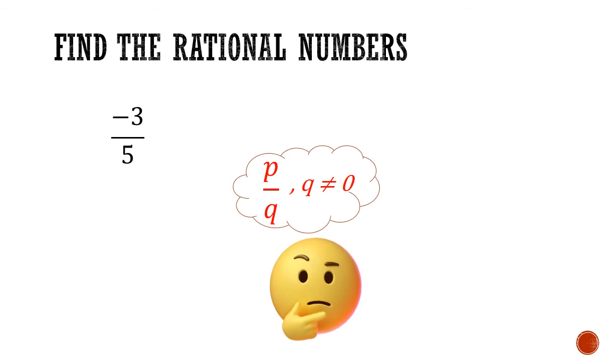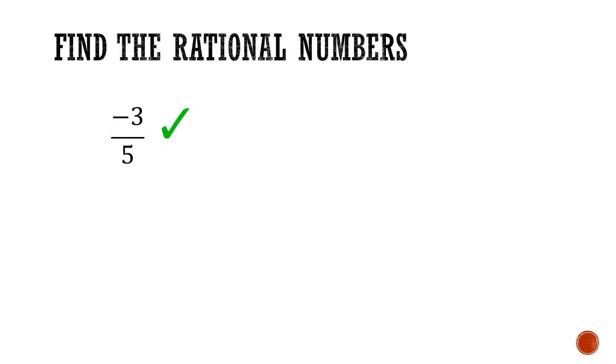You have to check whether it is in the form of p by q, or it can be written in the form of p by q, and q should not be equal to 0. You can easily check. Denominator you have 5, it is not equal to 0, and minus 3 and 5 are integers. p and q should be integers. So here this is a rational number.